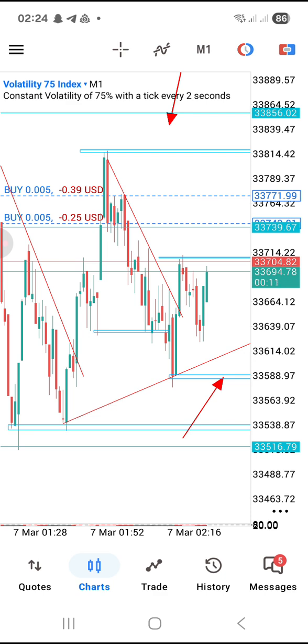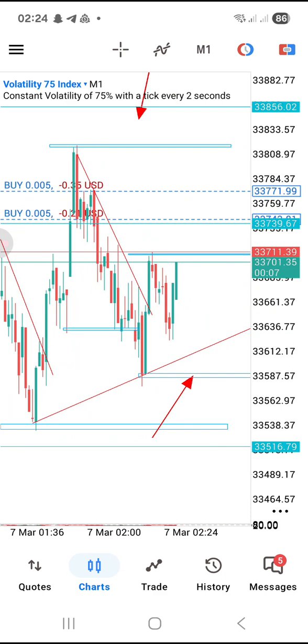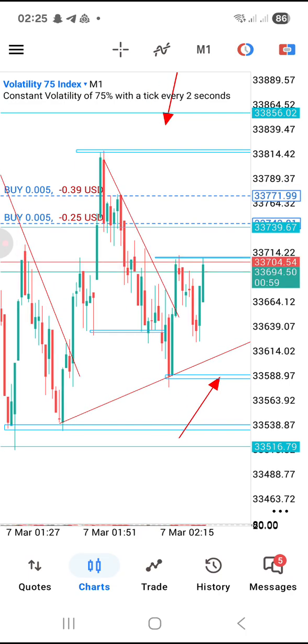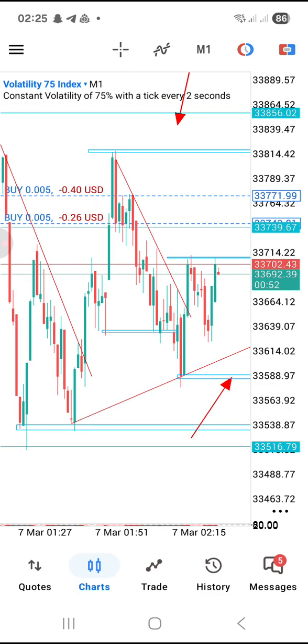The forex market is designed to take your money. That's the truth. So you will have to prepare yourself not to easily lose the money, or make sure your profit is more than your losses.